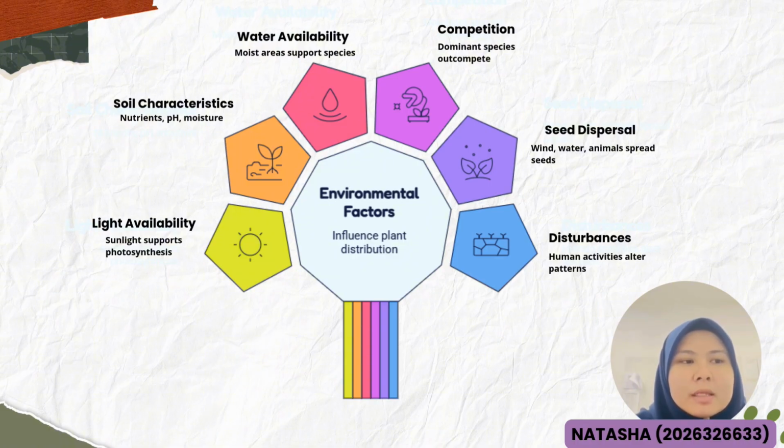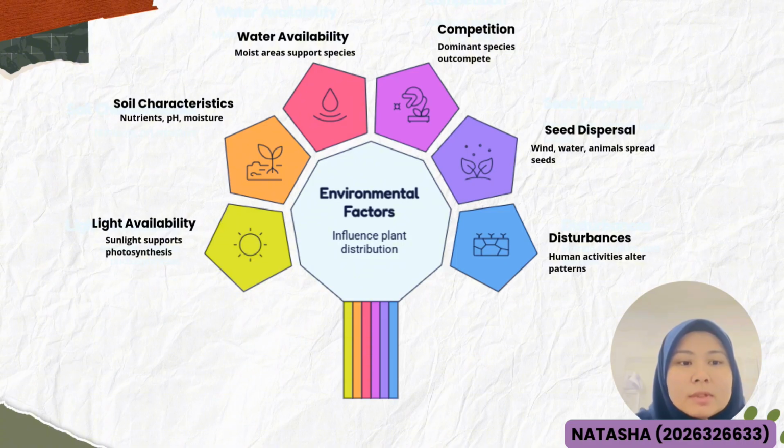Competition among plants for light, nutrients, water, and space may also reduce species diversity when dominant species outcompete others. Furthermore, differences in seed dispersal by wind, water, or animals can cause certain areas to receive more seeds, leading to higher plant abundance and diversity.